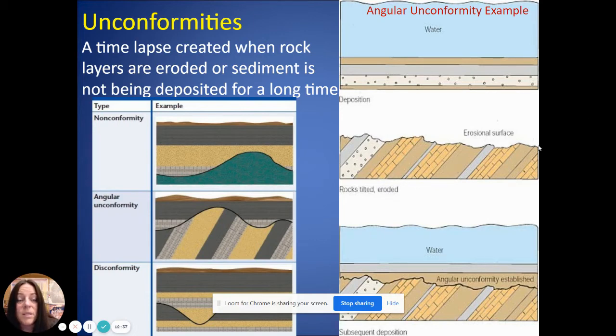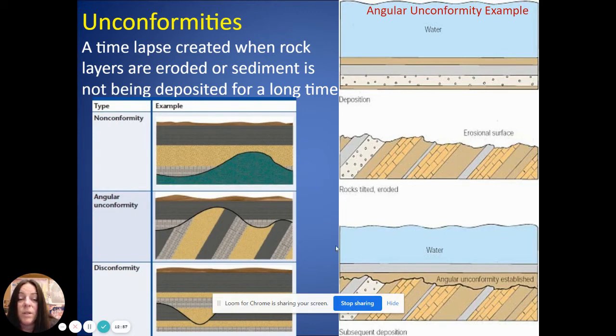And then what happens is now it's exposed to the surface, so you've got all of this wonderful erosion taking place. You've got wind, water, everything, and it just makes the surface uneven, right? You even have animals walking across it. Well, what happens is now all of those layers have been eroded.